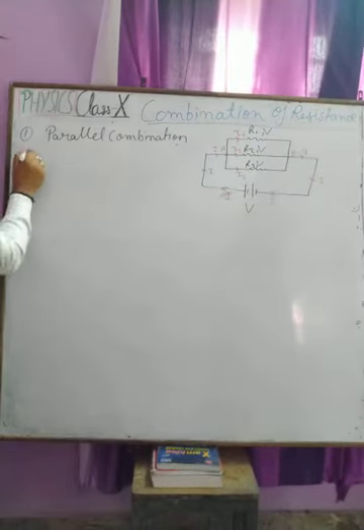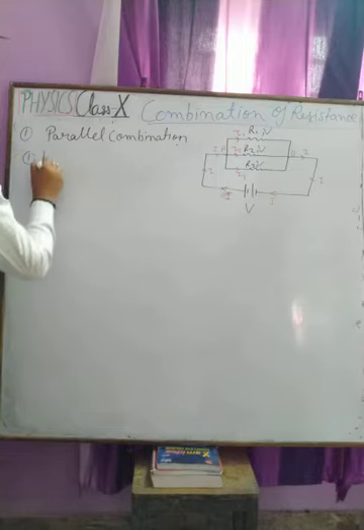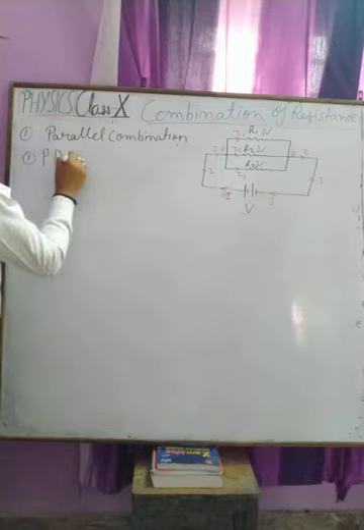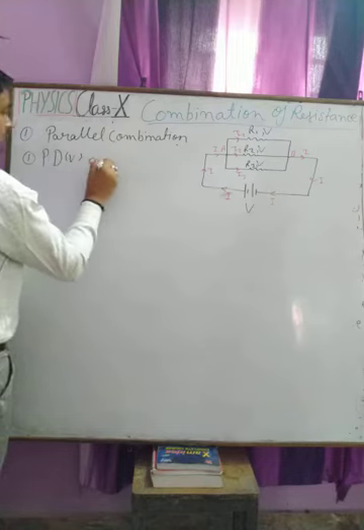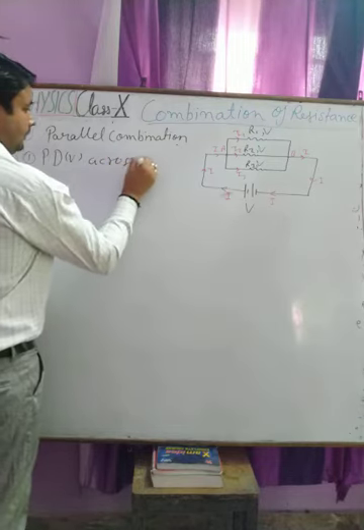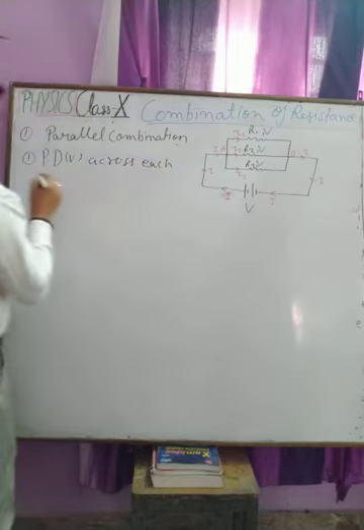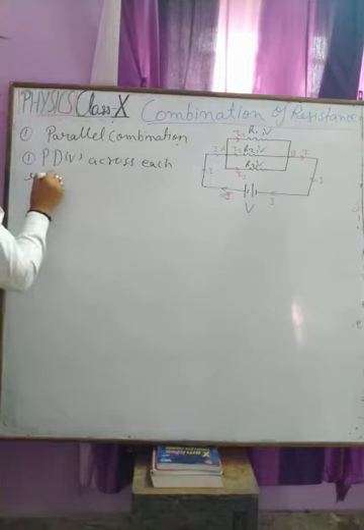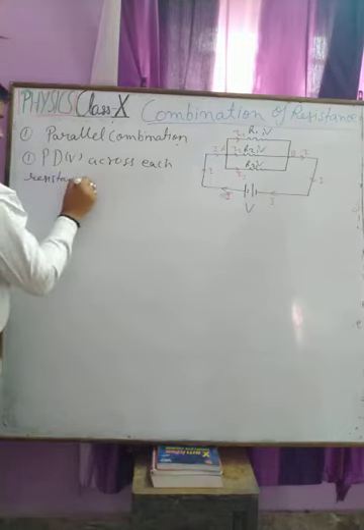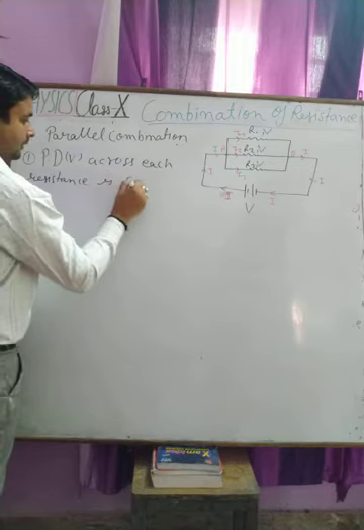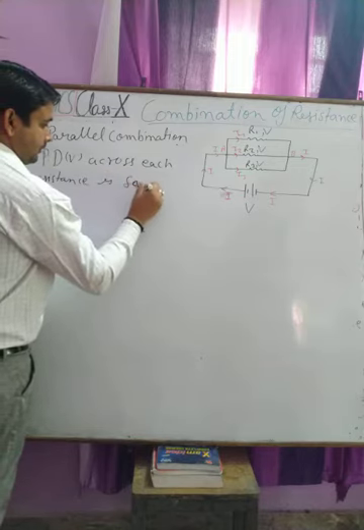Now in the parallel combination, first, potential difference V across each resistor is seen.